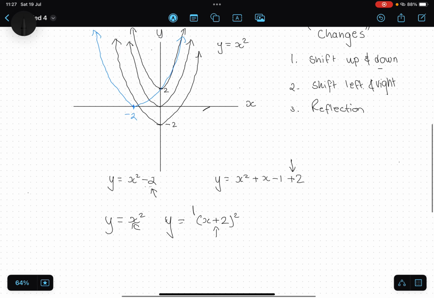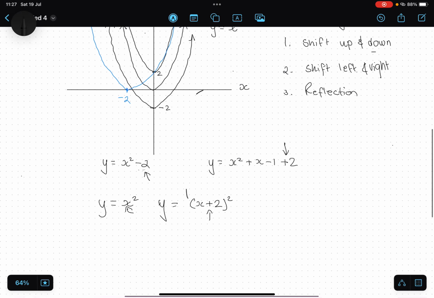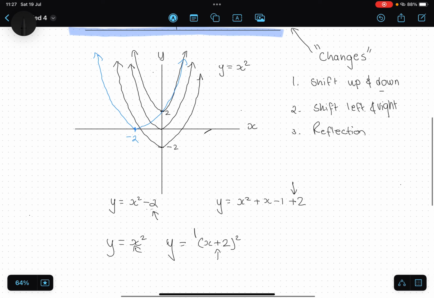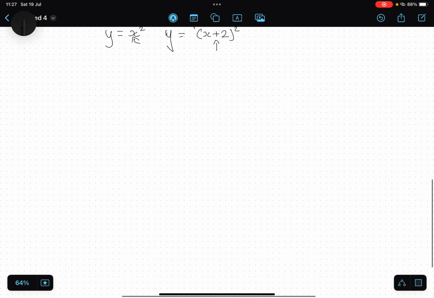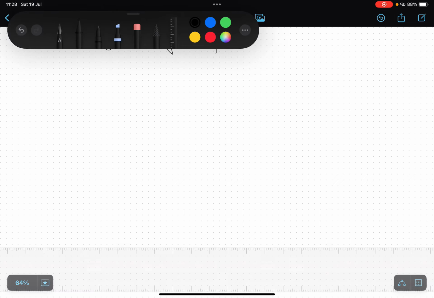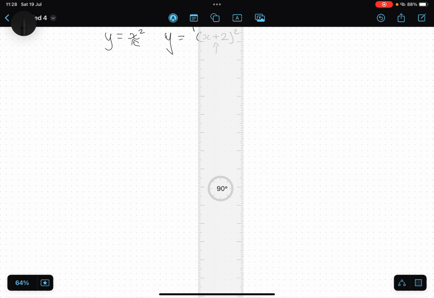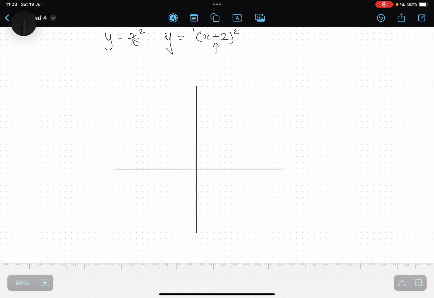Now, when we are doing the reflections, those are, I think, probably the most tricky ones. Now, I'm going to actually draw a new graph so we can see it a little bit clearer. Let's do that. Okay. Right.